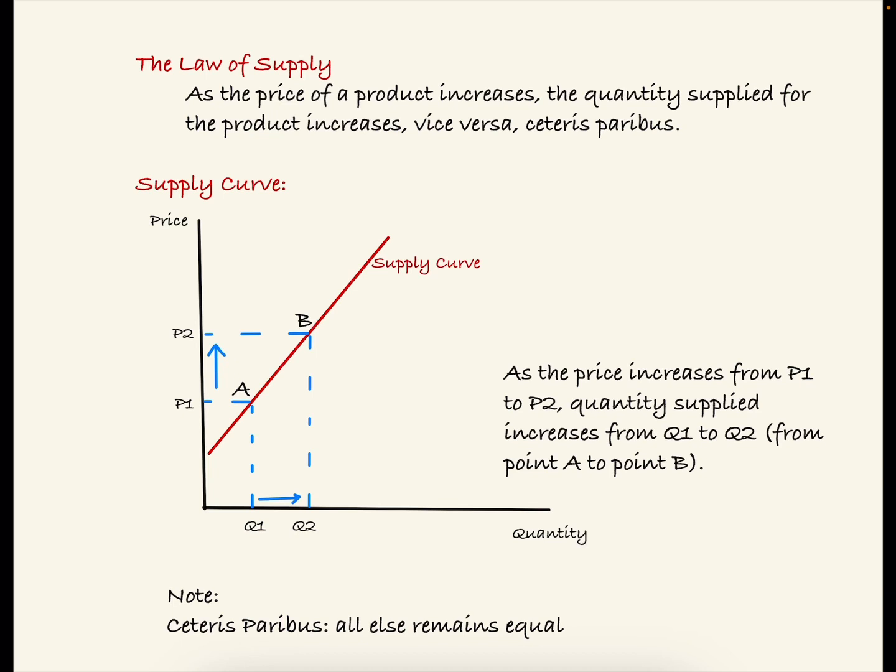Again, we have price on the vertical axis as always, and quantity on the horizontal axis. As the price increases from P1 to P2, the quantity supplied increases from Q1 to Q2. In other words, we move along the supply curve from point A to point B. Note that ceteris paribus means all else remains equal.